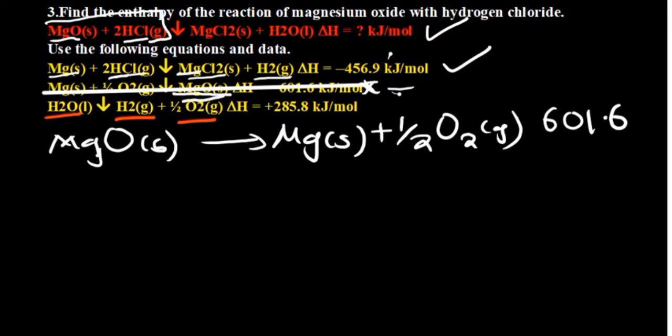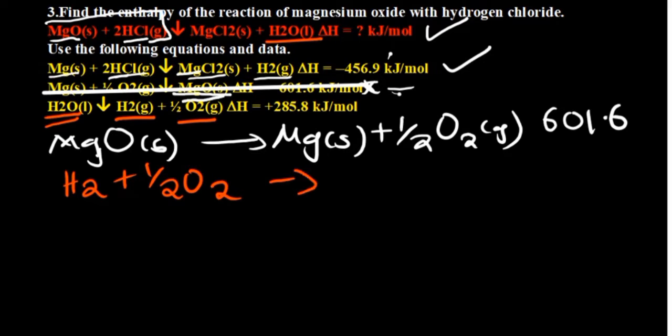It's a product. So even this one, we're supposed to reverse it so that it becomes a product. If we reverse it, what are we going to have? We have H2 plus half oxygen as reactants. Then water becomes a product. The moment you reverse it, the sign is supposed to change. So it will become negative 285.8.